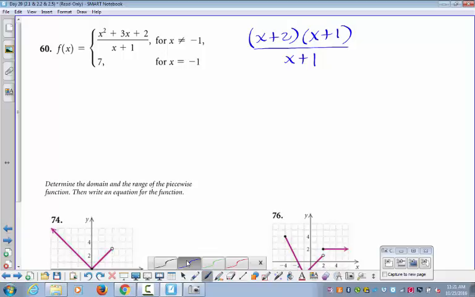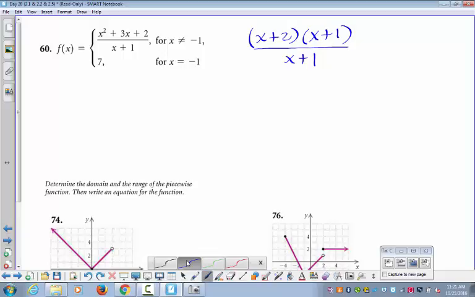So, what happens at -1? There's a point at 7. At -1, there is going to be a point at 7. What happens to this at -1? A hole. Yeah.